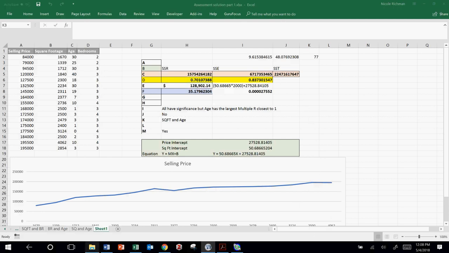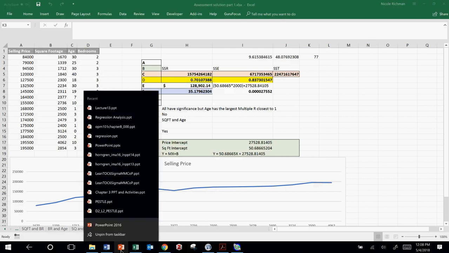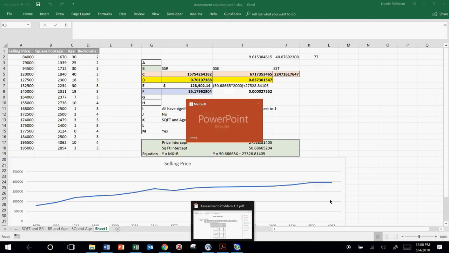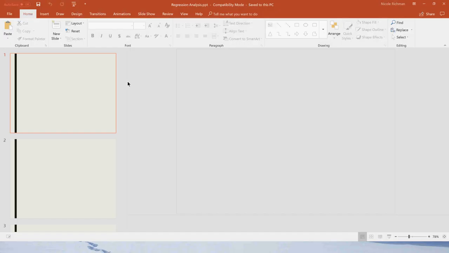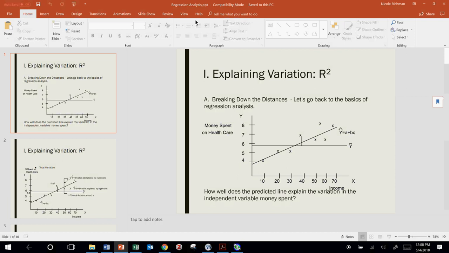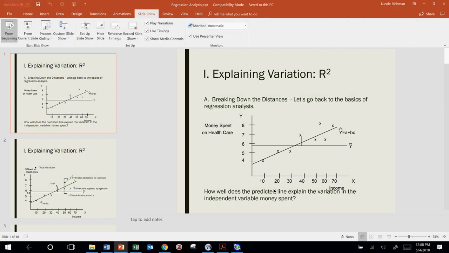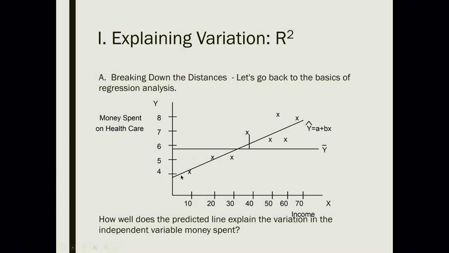So in a particular problem, or in a regression, and I'll pull up this slide really quick. In a regression, there is an explanation of the data. So this is our line, and you may remember this from algebra: y equals mx plus b, or y equals a plus bx, however you want to word that.